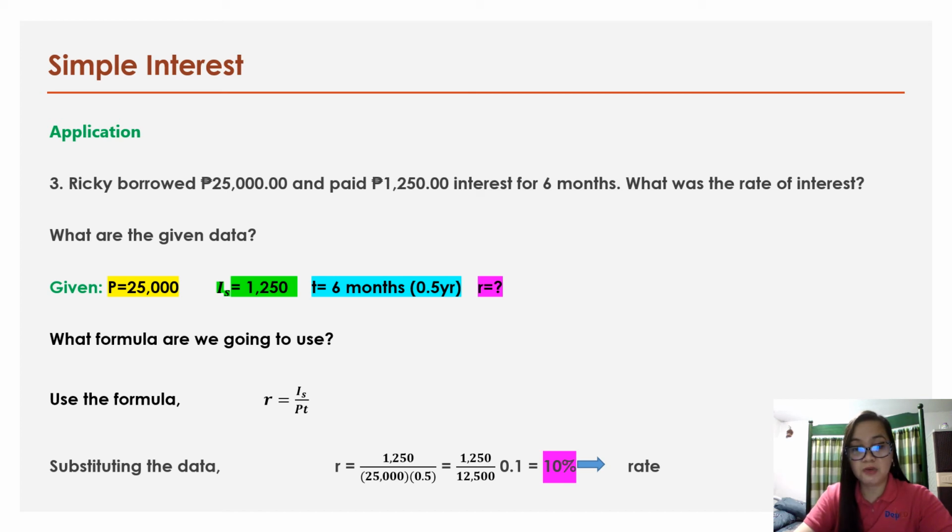That would be equal to 1,250 divided by 12,500, which will now be equal to 0.1, but that will be equal to 10%. So that is the rate of interest.